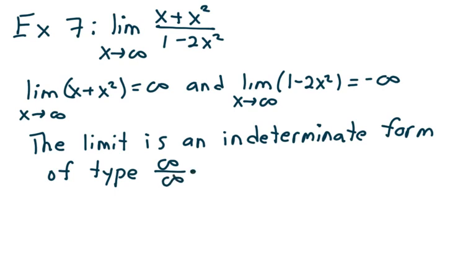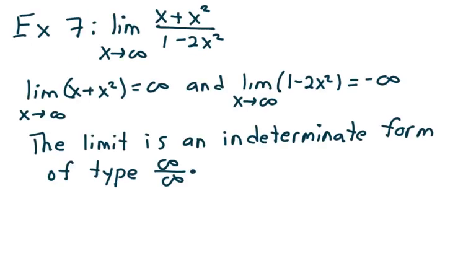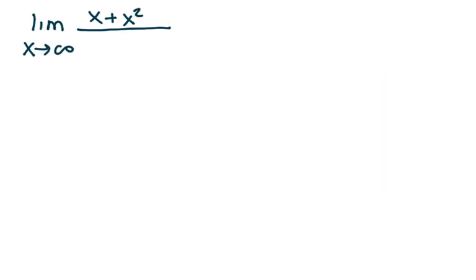That's negative, that's fine, but that's the idea, okay? Now, so I'm going to take the limit as x goes to infinity of the numerator, which is x plus x squared, and the denominator is 1 minus 2x squared.